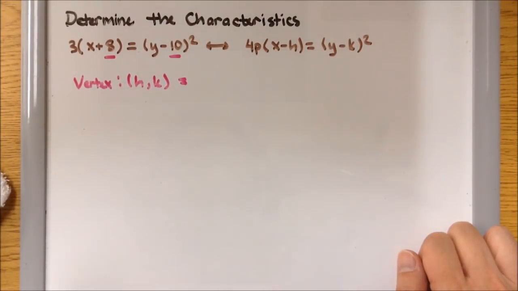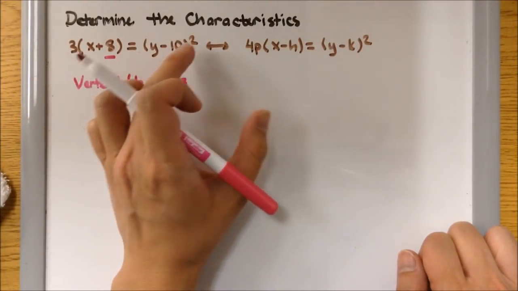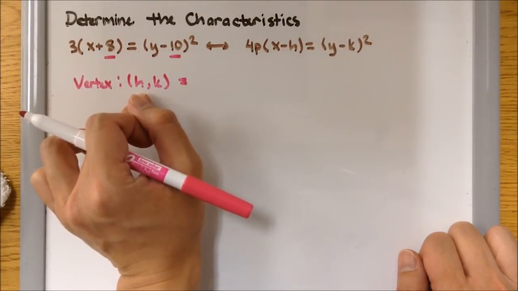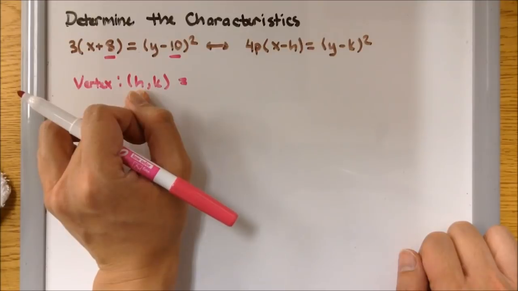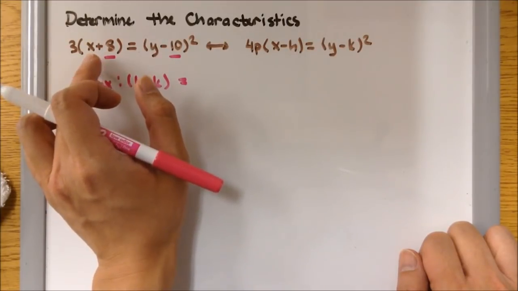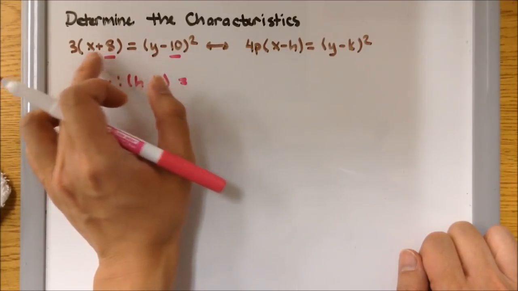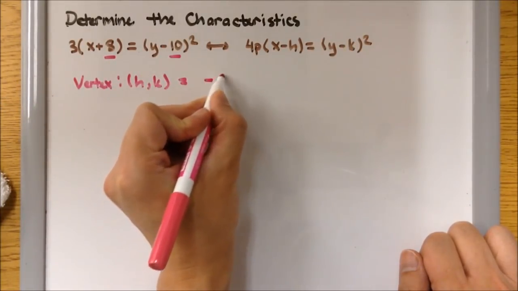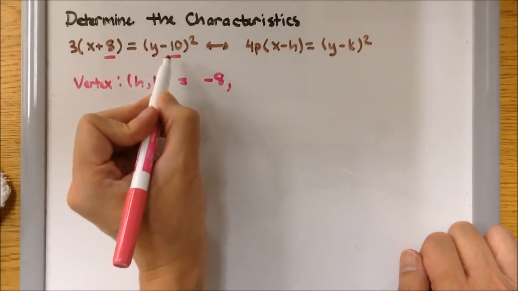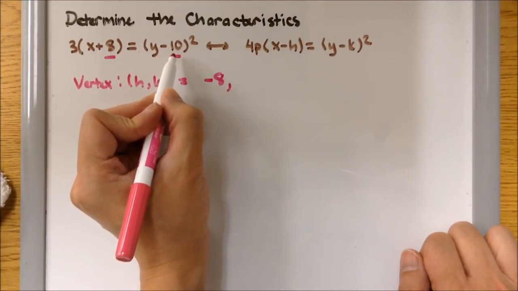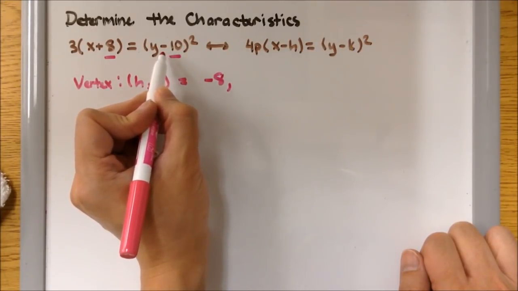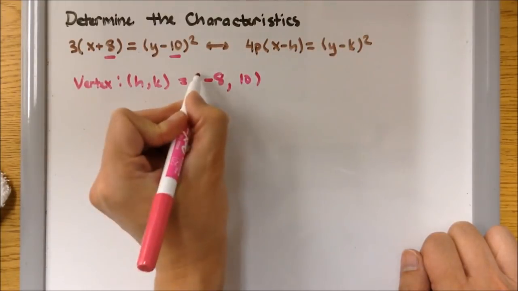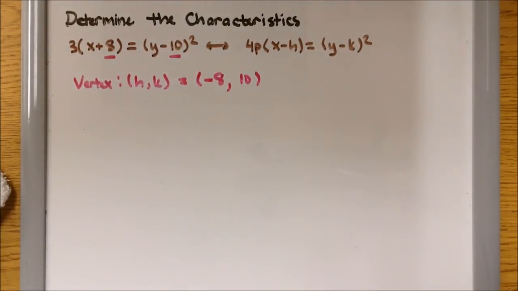Now, this one's different from the first example because the square is on a y now, but the order of the vertex will be the same. H is always going to be the number that's with x. Now here, it's plus 8 within the example, so that means the opposite sign is -8. And then the k value is the one with the y. Since it's minus 10, the opposite will be positive 10. So that's our vertex.